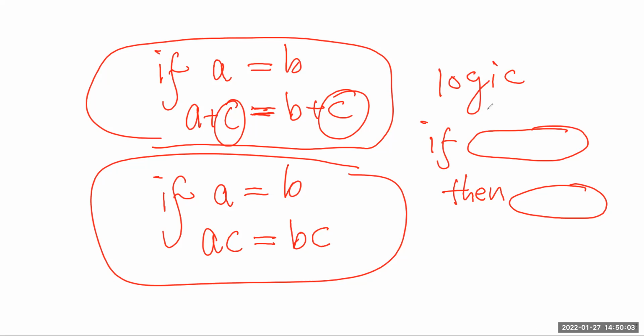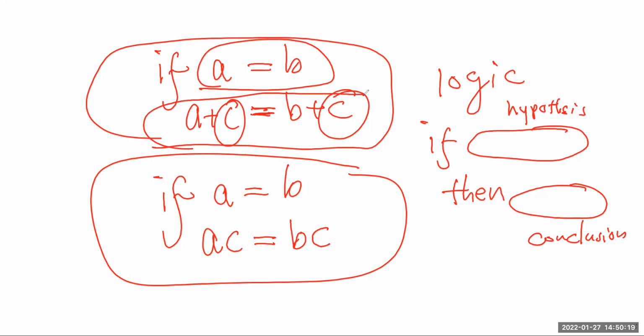This one we call the hypothesis, and this one is called the conclusion. We said, as long as this is true, then this has to be true. Very good. So with that, we can really play with the symbols.